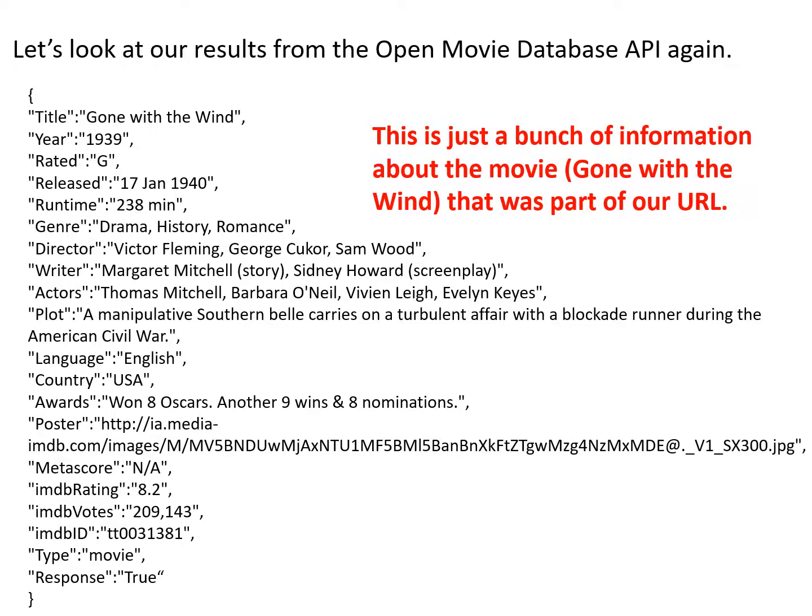In this case, we just have one little object, and it has a bunch of column names. So one open brace, one closed brace means we just have one little record. Look at these names as what you might consider columns, and then you see their values. So the title is Gone with the Wind, year is 1939, and so on.